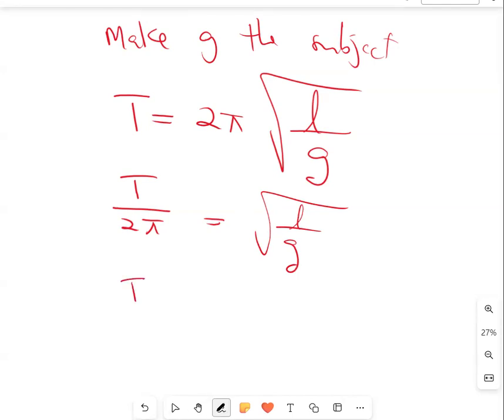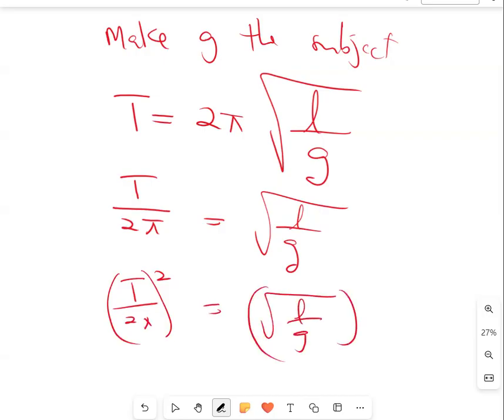So you get T squared. Well, if you want to put T over 2 pi and square everything, no problem, equals L over G, and you square that.